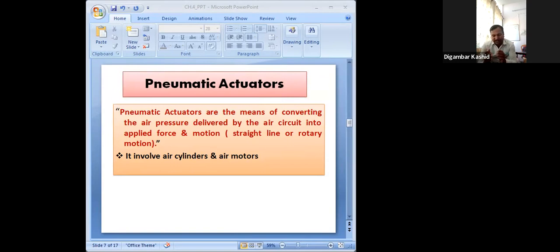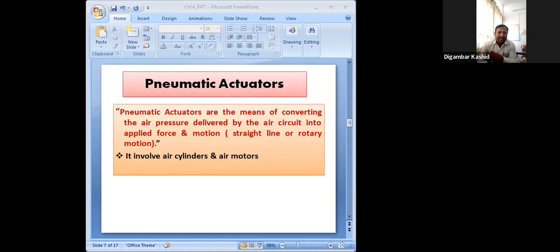In simple words, I can say it like this. These pneumatic actuators are devices which convert the air pressure energy delivered by the air compressor or the air circuit into mechanical energy, which applies force or motion to perform useful work. Getting it?